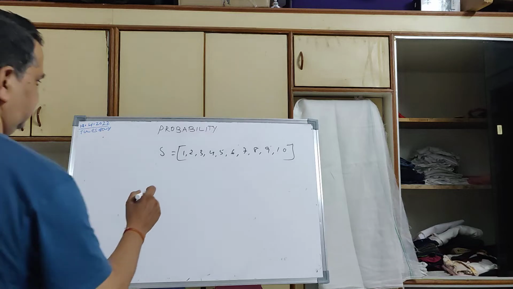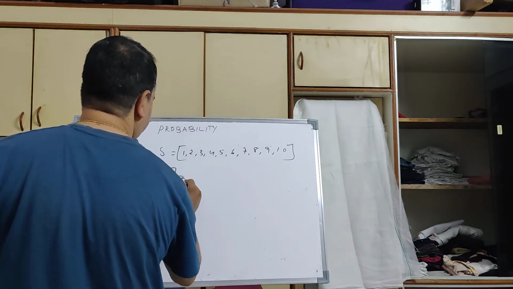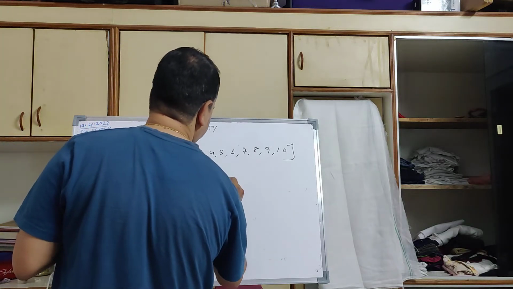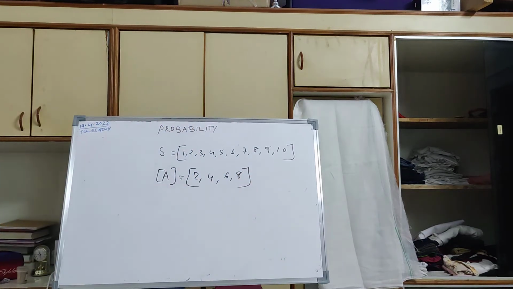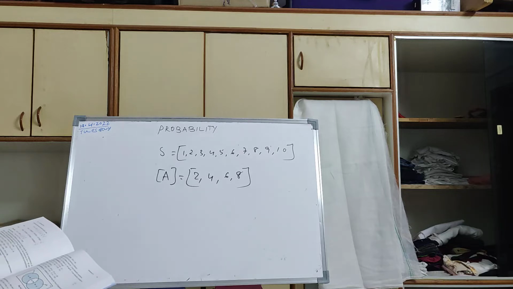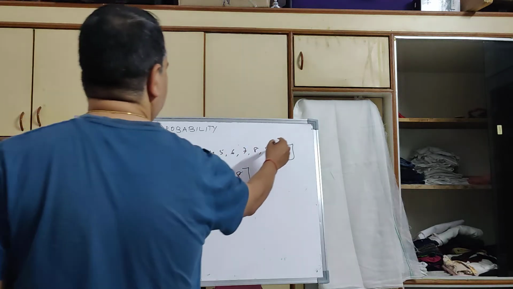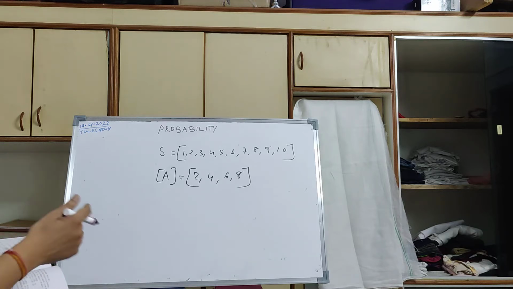An event can be, let us say, 2, 4, 6, 8. So a combination of sample points is an event. All the outcomes from 1 to 10 are considered equally likely, so the probability of each outcome is 1 by 10.